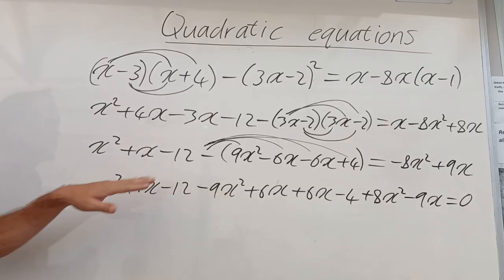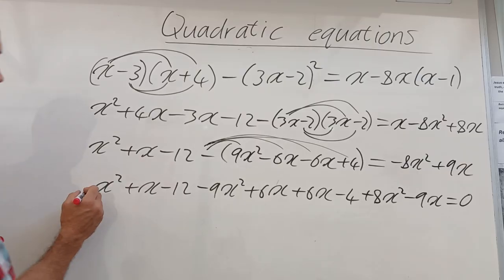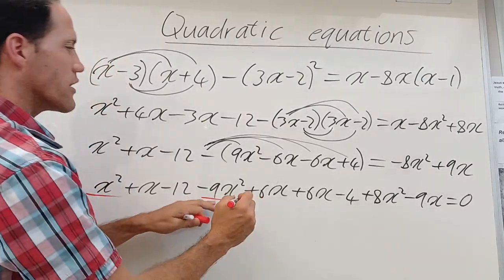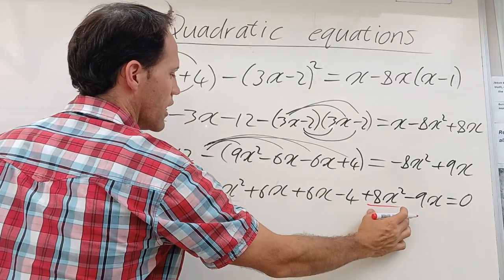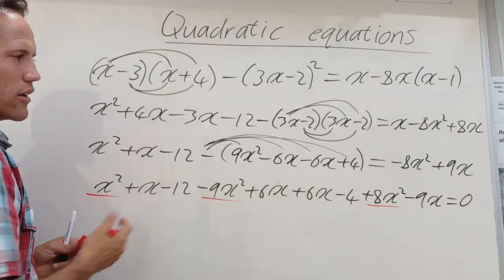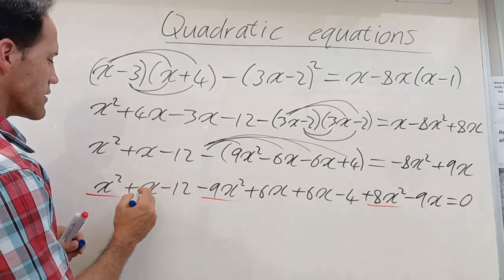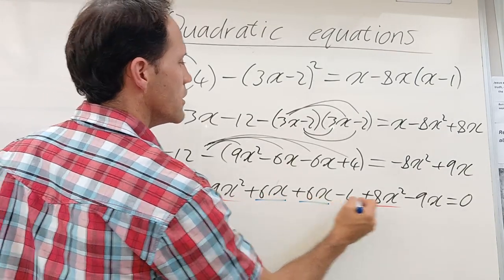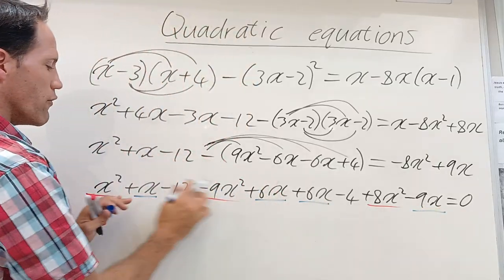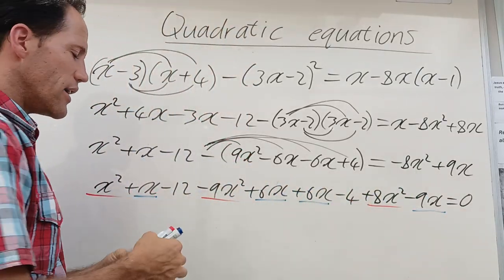Yes. Okay, now we can look at all the squares: x squared minus 9x squared plus 8x squared. So x squared plus 8 is 9, minus 9 is 0. So that gives you 0. Now the x's: x plus 6 plus 6 is 13, minus 9.